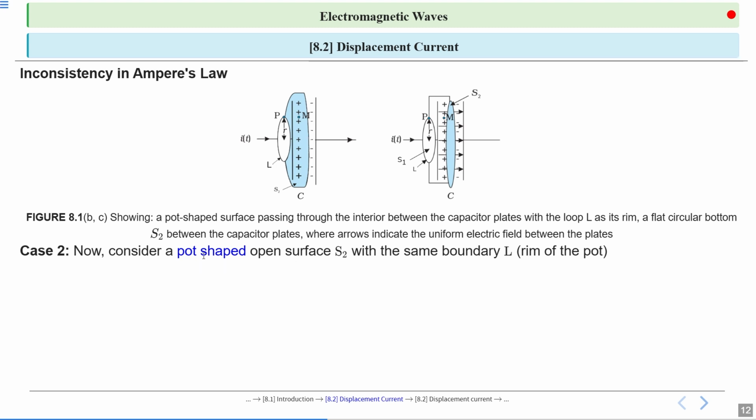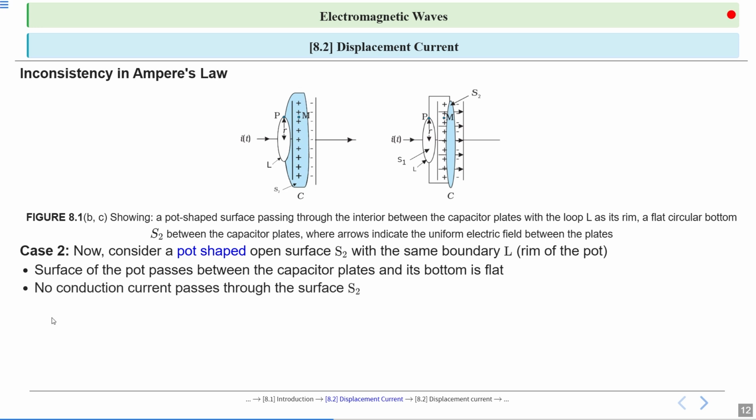This is the rim of the pot. The surface of the pot passes between the capacitor plates and its bottom is flat. The bottom surface is lying between the plates of the capacitor. No conduction current passes through the surface S2.